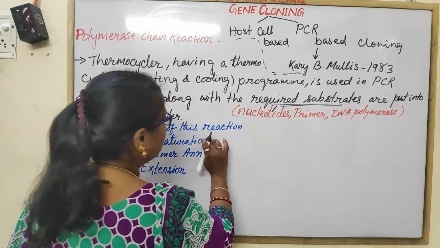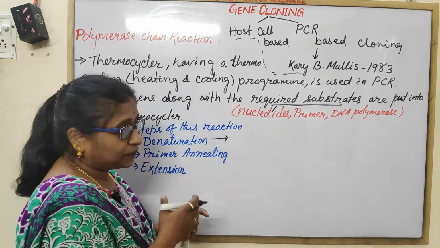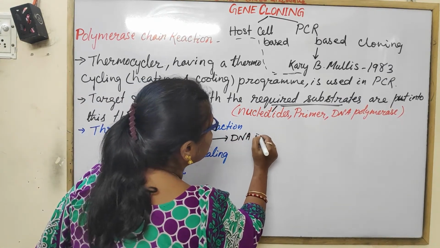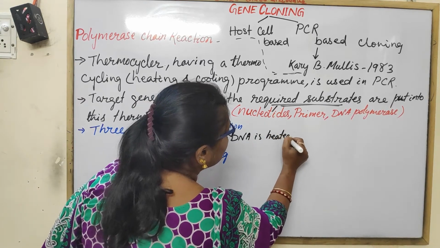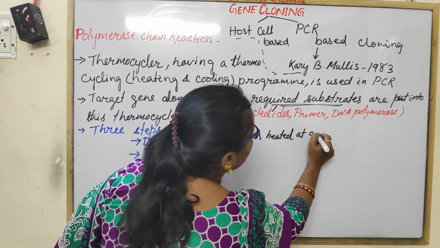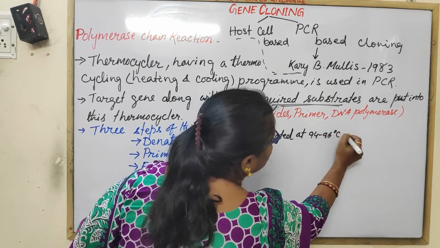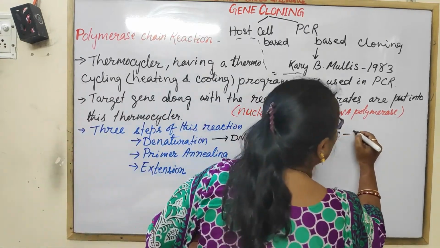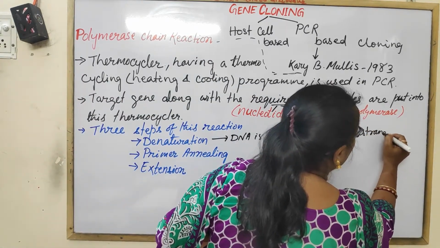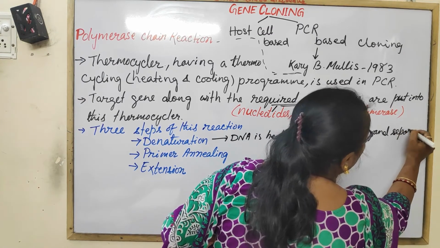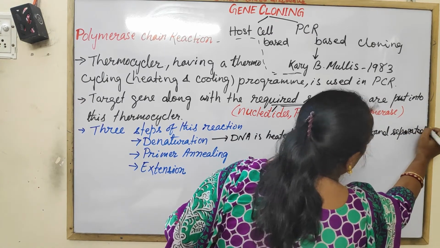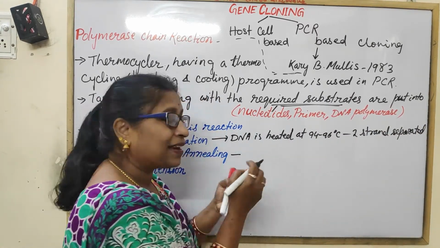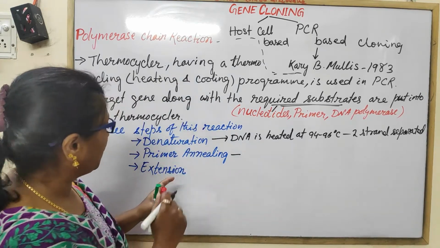Denaturation is done when the target DNA is heated at 94 to 96 degrees Celsius, so that the two strands are separated. Here what happens? Primer annealing. The oligonucleotide primers are annealed, joined with the 3' end.